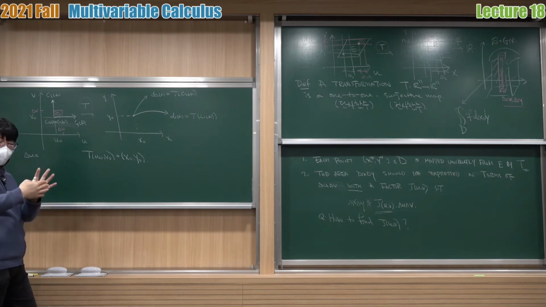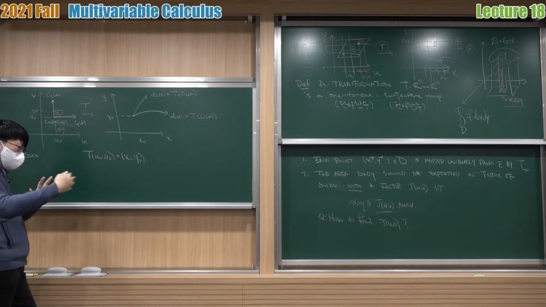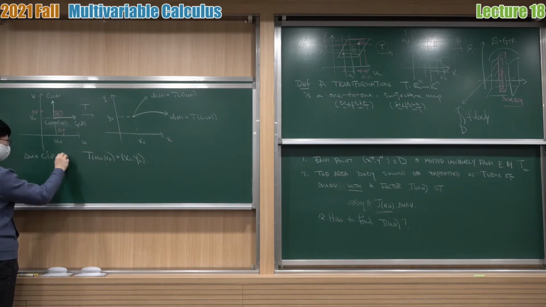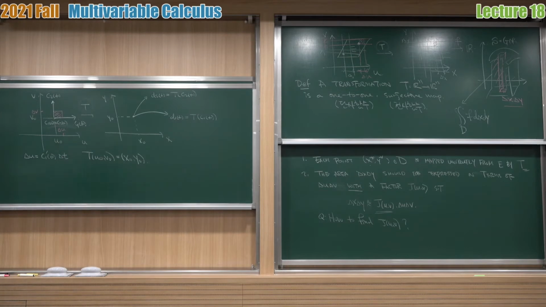If delta t has passed, then delta u is where I landed after following C1(t). So that's C1 prime 0, the initial velocity along C1, times delta t. Of course, if C1(t) is not moving at constant velocity, this is not exactly equal, but it's almost equal if delta t is getting smaller and smaller. So that's delta u.